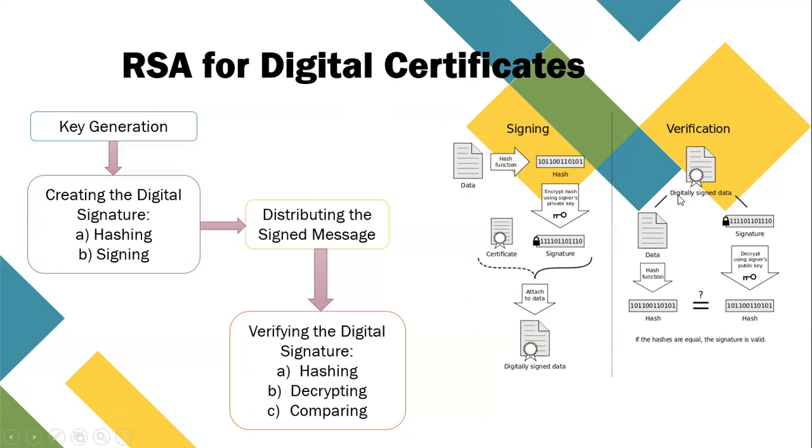Their next step will be to decrypt the signature present on the data using the signer's public key, and they'll again get some hash value. If both the hash values are equal to each other, then it means that the signature is valid and that the data has not been tampered with in between. So this is how RSA is used in digital certificates.